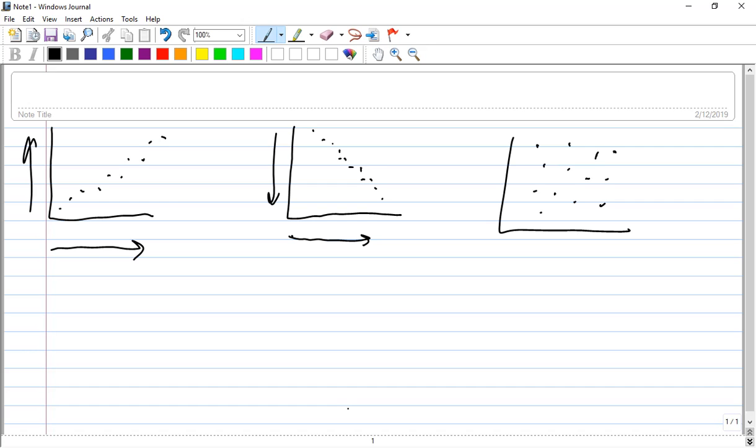There's a lot of small parts that need to be fixed. So that would be no correlation. All right. And you can see these different scatter plots. They show a negative relationship, positive relationship, even no relationship on your PowerPoint.